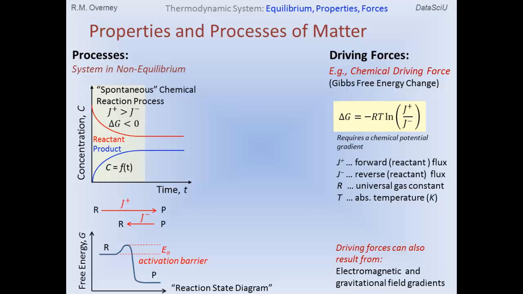Noting the reaction state diagram depicted at the bottom left, we have also included an activation barrier. This barrier is non-existing for diffusion processes that are thermally supported. Controlled chemical reaction processes, on the other hand, possess a finite activation barrier that slows the process down.